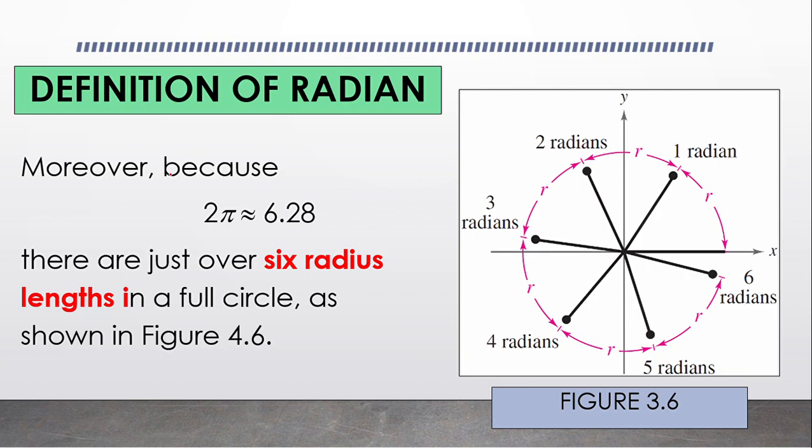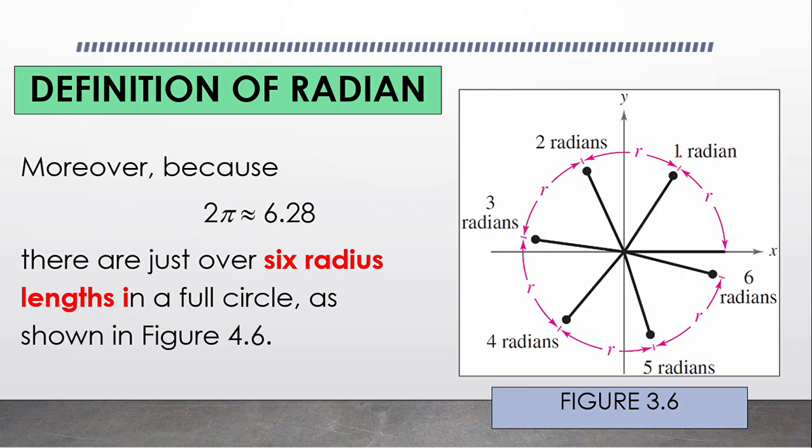Moreover, 2 pi is equal to 6.28. Where did we get 6.28? The value of pi is 3.14, and 3.14 times 2 is equal to 6.28. Because 2 pi is 6.28, there are just over 6 radius lengths in a full circle, as shown in Figure 4.6.